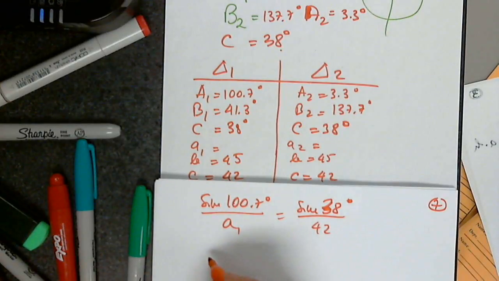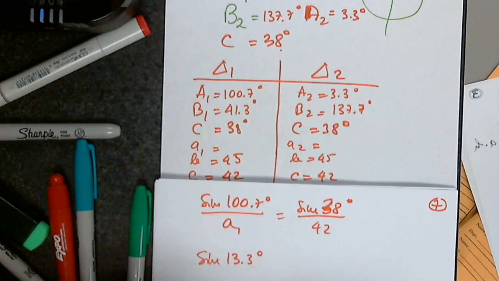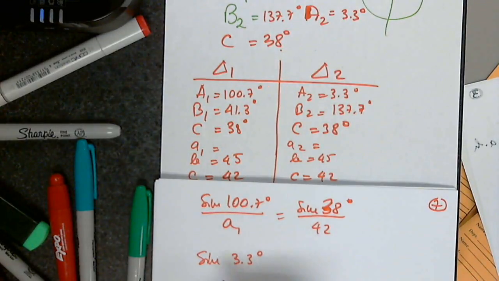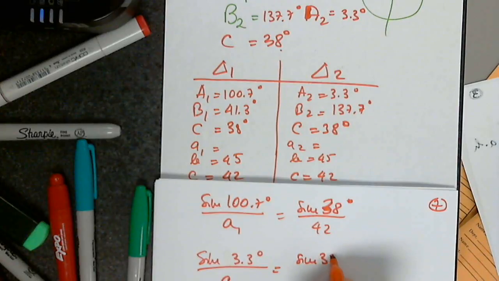And the other one will be sine 3.3 degrees, that's the other A, divided by lowercase a2 equals sine 38 degrees over 42.